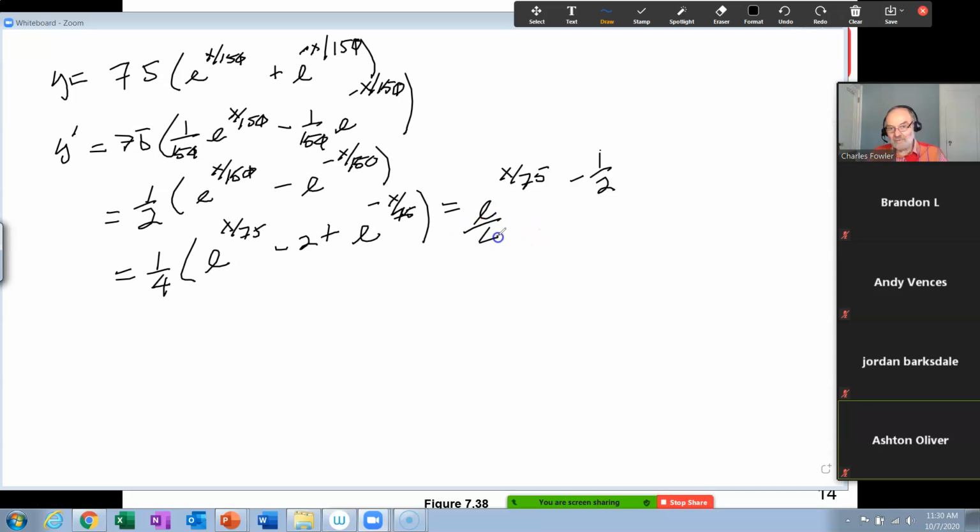This is over 4, so maybe I don't want to do that. Yeah, I think I do. Plus e to the minus x over 75, over 4. So this is the same as that. I just multiplied the 1/4 times every term there.